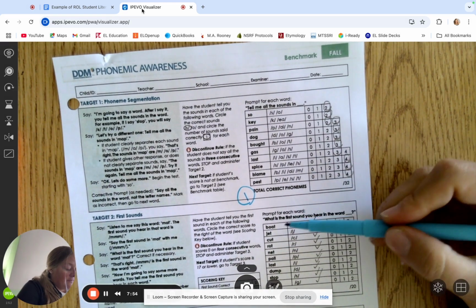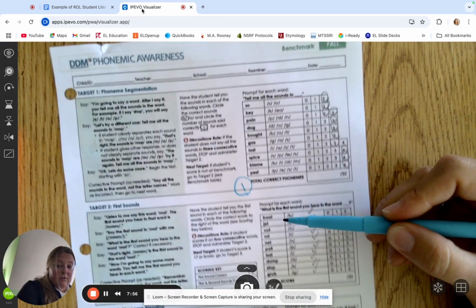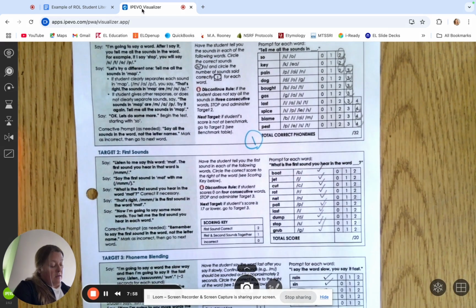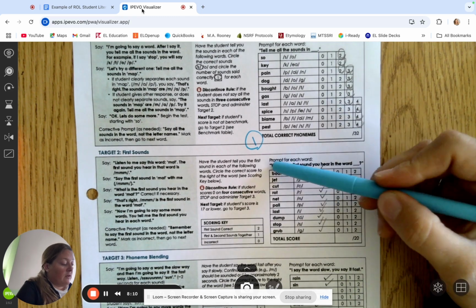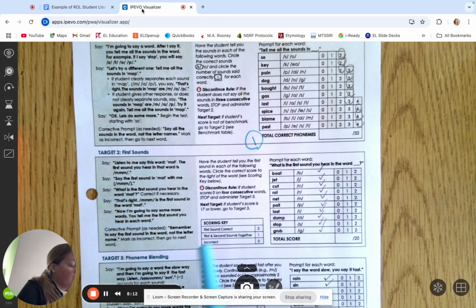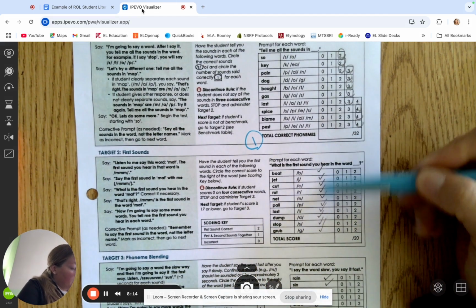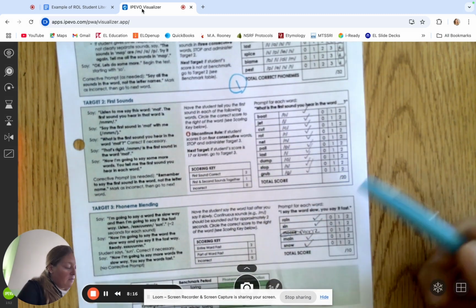This is looking at the student can hear first sounds. We know that when we are training our ear to be able to hear sounds in words, that we start with the first sound, and then the last sound of the word comes next, and then the medial sounds are the hardest for us to hear. So the first sound was all correct.